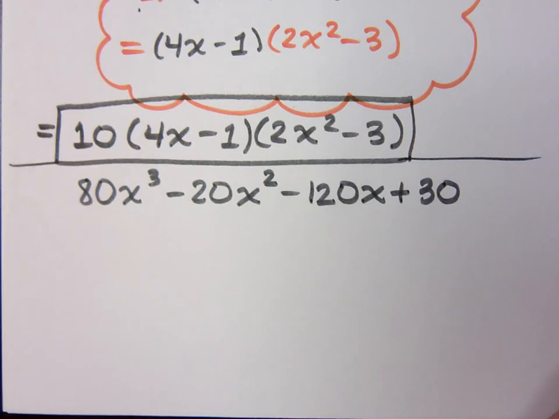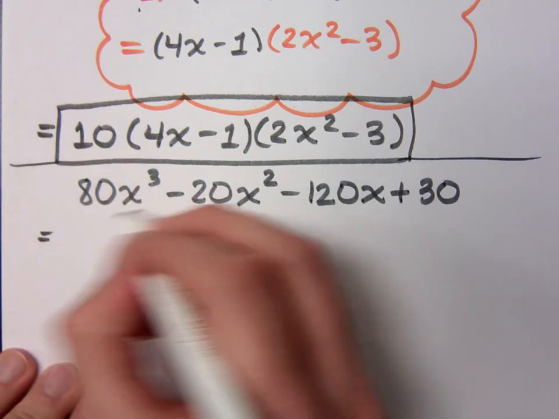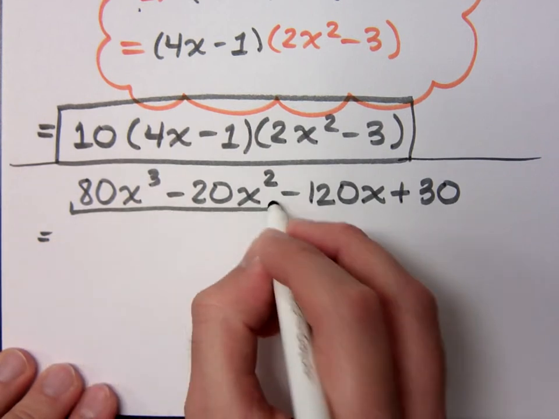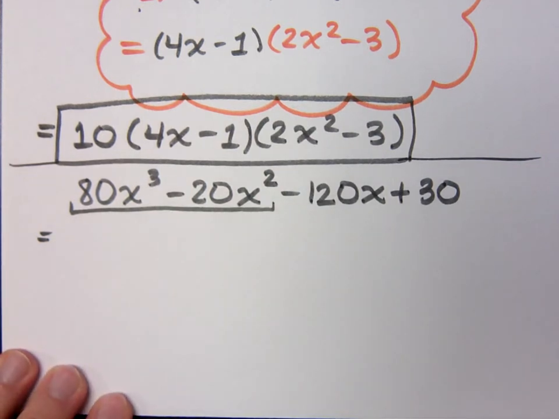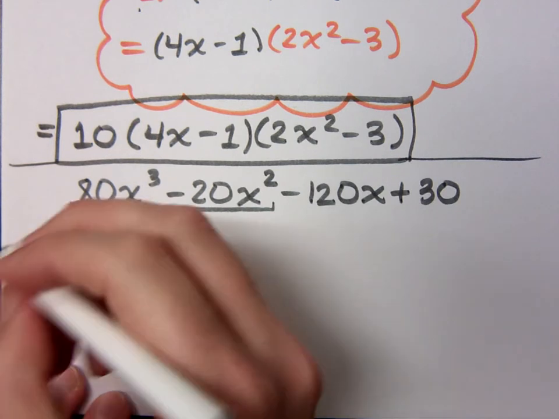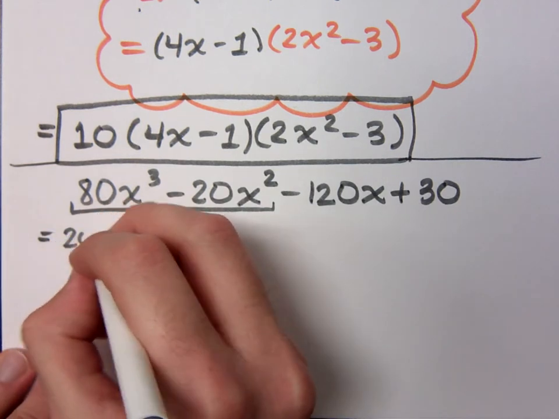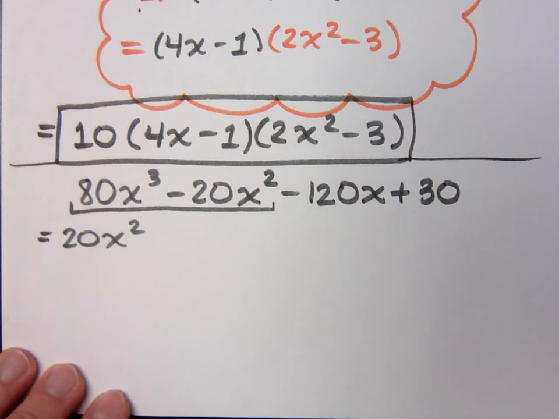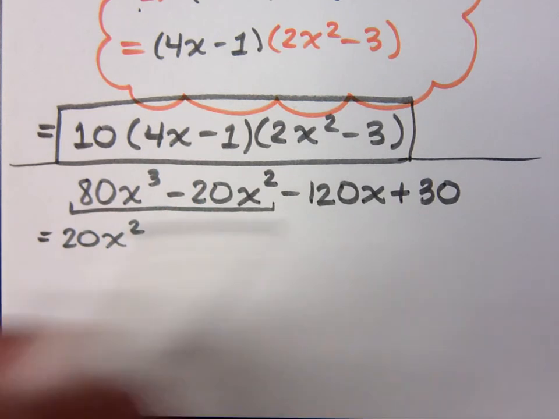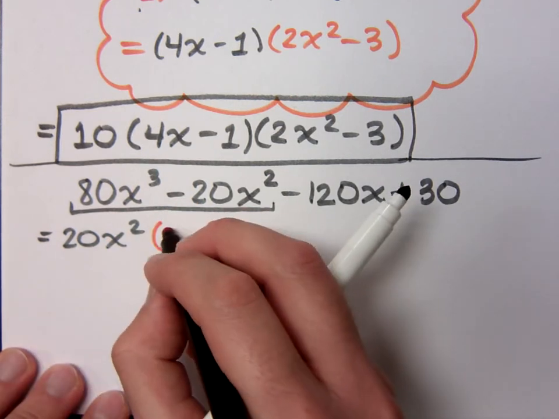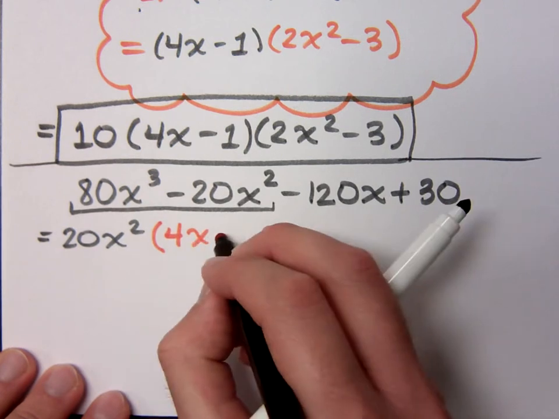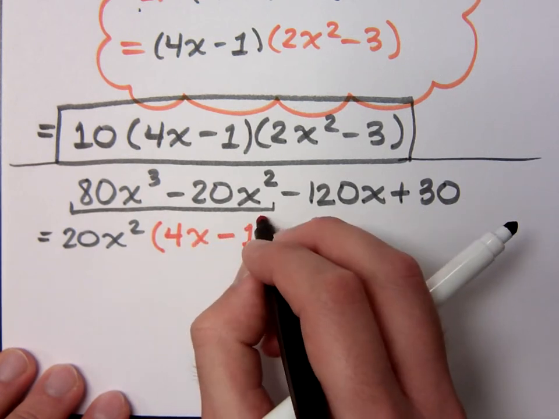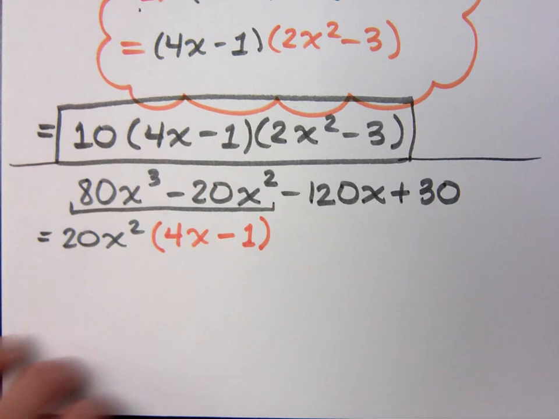There's conditions. Now, when I look at this guy, if I just jump straight into factoring by grouping, what's the common factor in that first group? 20x squared. Common factor is 20x squared, and then what would I be left with? I'd have 4x minus 1, right? What's the common factor in the other group?